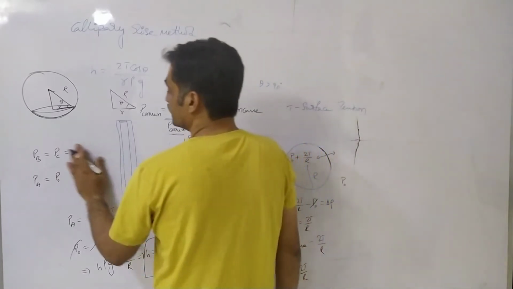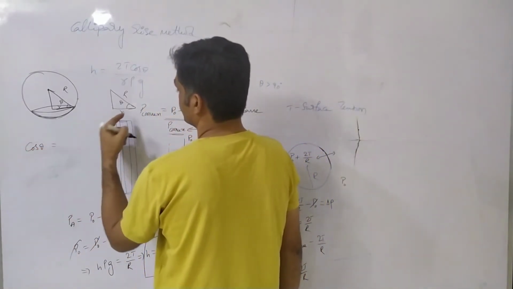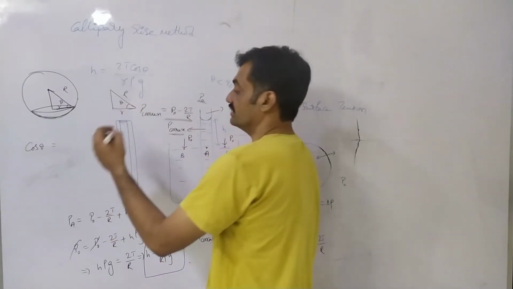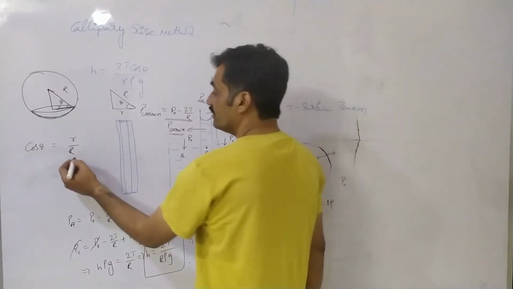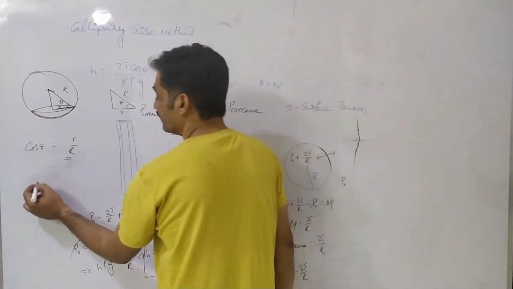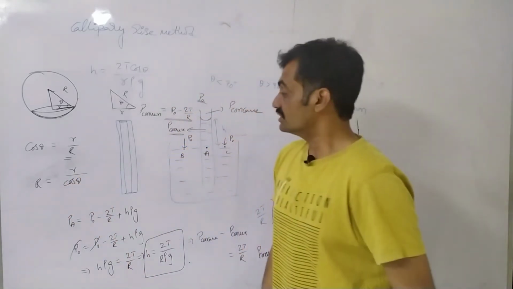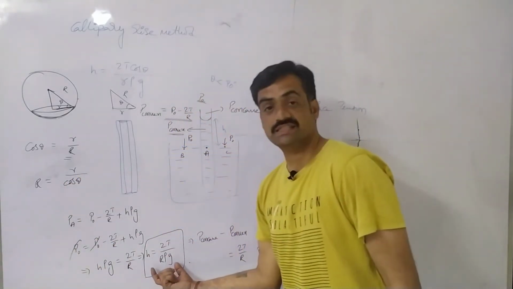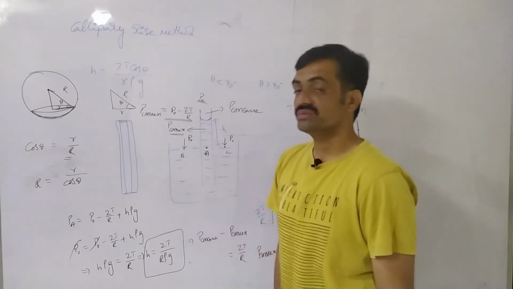From this, cos theta equals to adjacent side by hypotenuse, nothing but small r by capital R. So now we have to represent the value of capital R, where capital R is equal to small r by cos theta. So now when we substitute this in this expression, the height of the liquid level rising in the capillary tube can be represented.